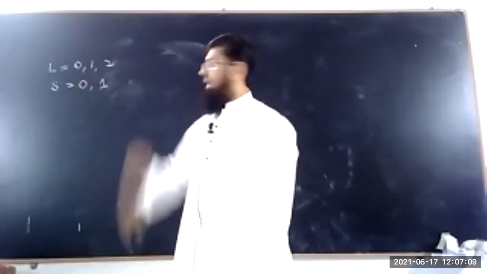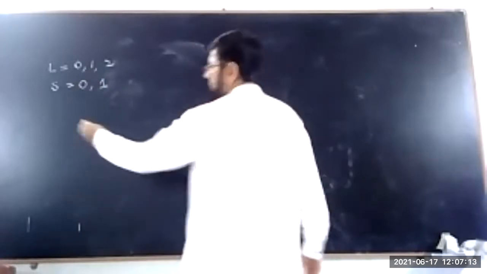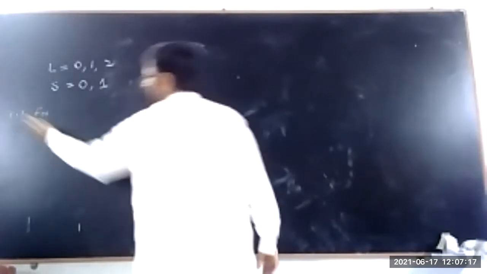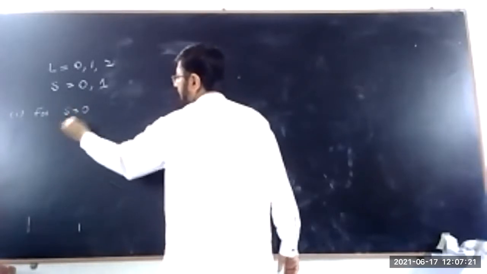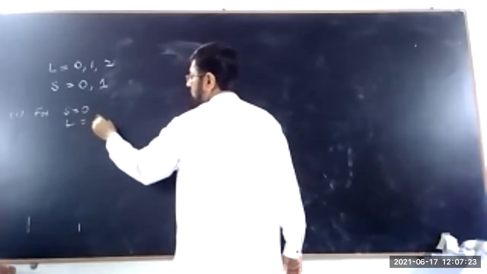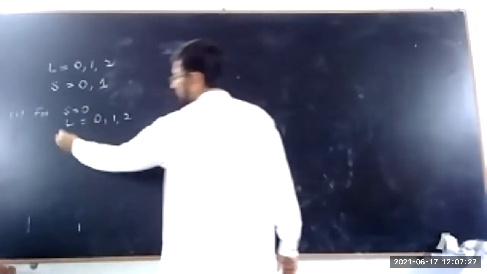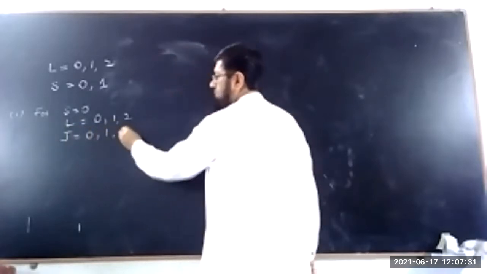So first we are discussing spin 0. For S is equal to 0, L is equal to 0, 1 and 2. So this gives you the J value equal to 0, 1 and 2.